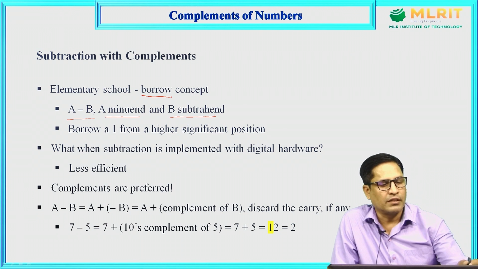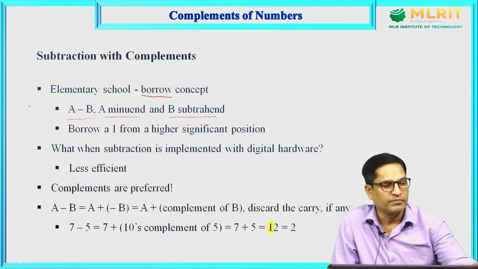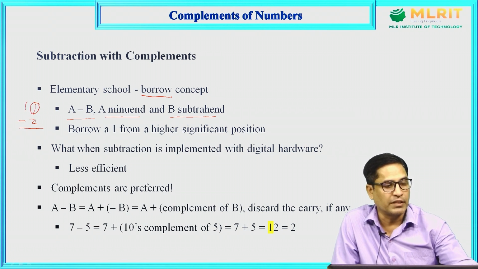In the earlier concept, if the number B is larger than the number A, suppose we have 11 and we are going to subtract 2 from 11, the first digit 1 is less than 2. So we take a borrow from the left-hand side digit, the number becomes 11, we get 9, and here 0 is there.